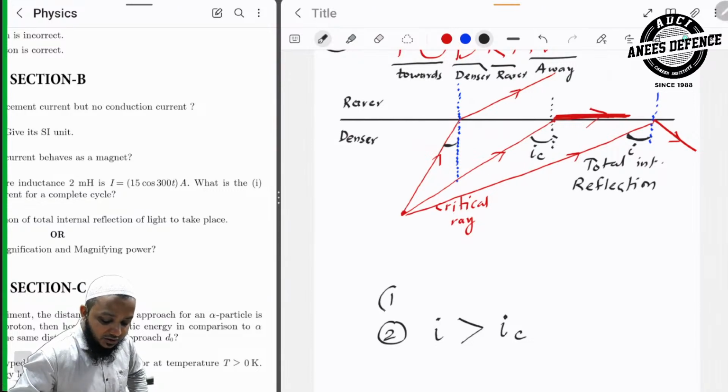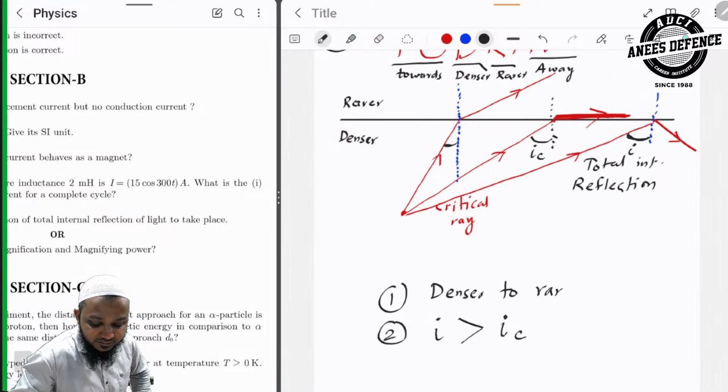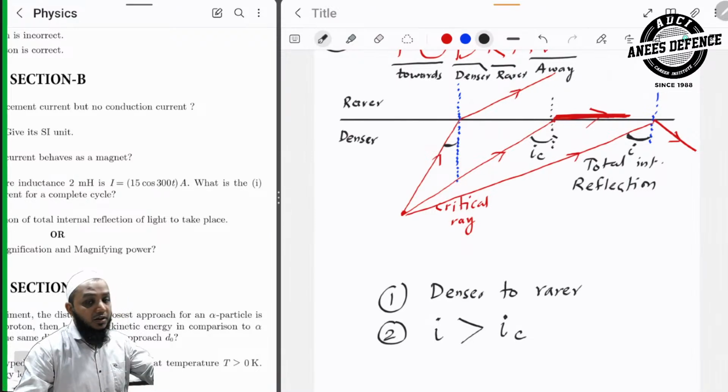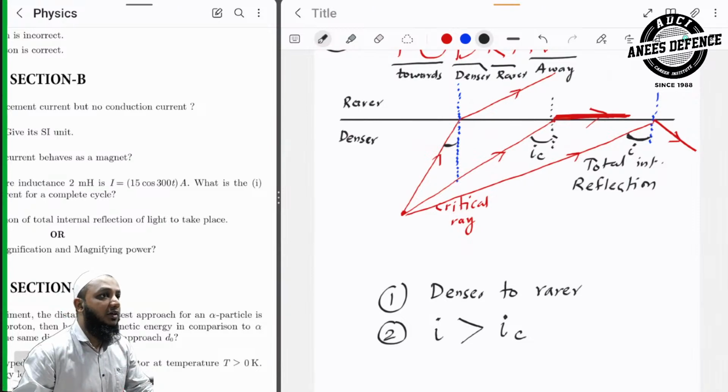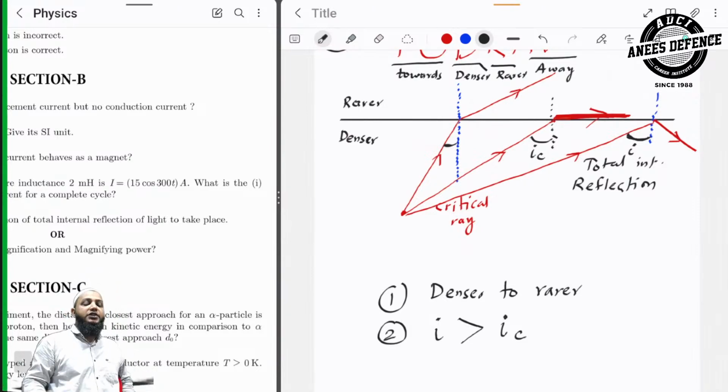What about the first condition? The first condition of total internal reflection is that the ray must go from denser to rarer. Because think in a reverse way. When the ray is entering from rarer to denser, it bends towards the normal. It will never do total internal reflection, because for total internal reflection, the ray must trace the boundary. If it is going the opposite way, it will never trace the boundary.